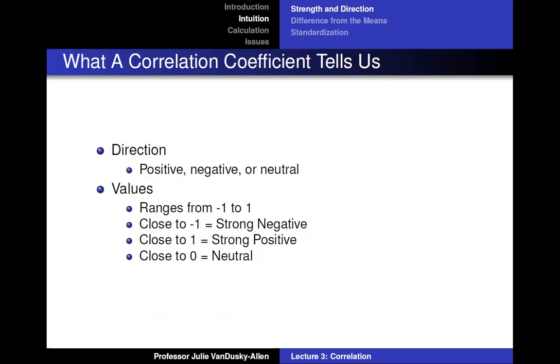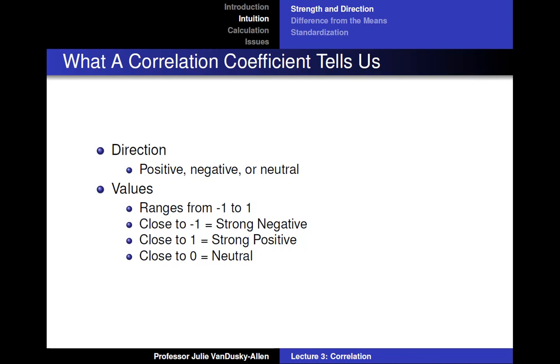A correlation coefficient tells us the direction of the relationship between two variables. It tells us if, as one variable increases, the other variable increases, decreases, or stays the same. A correlation coefficient ranges from -1 to 1. Correlation coefficients close to -1 indicate a strong negative relationship between two variables.